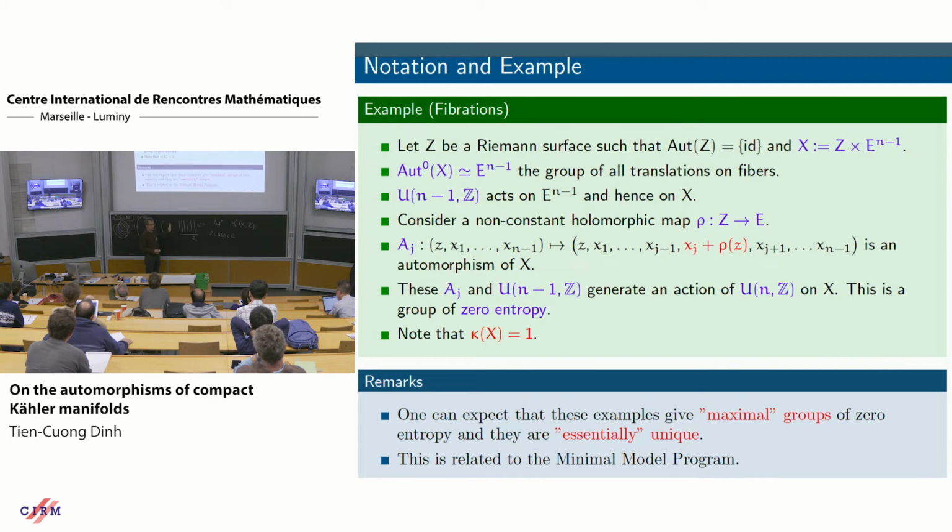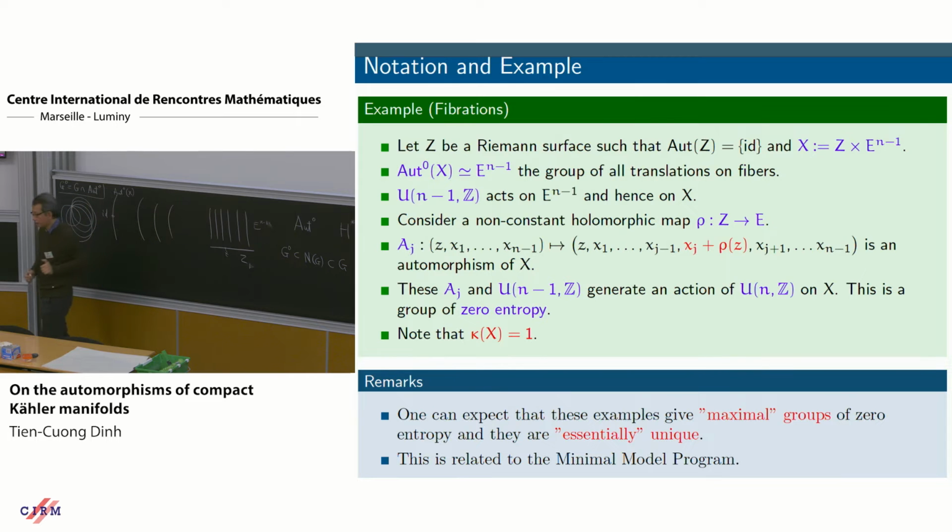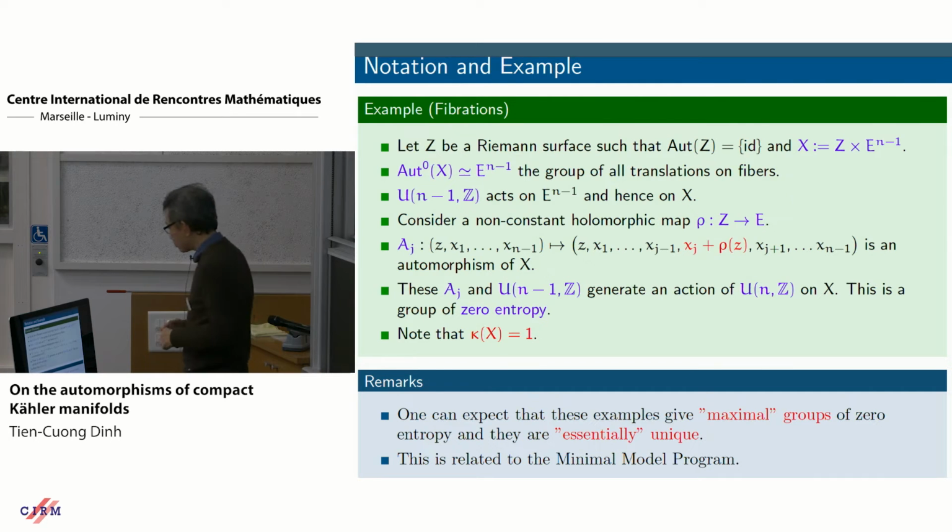You see that because of rho, the translation depends on the position of z. So when you change z, the translation changes holomorphically. So you have a new automorphism, and also of 0 entropy.